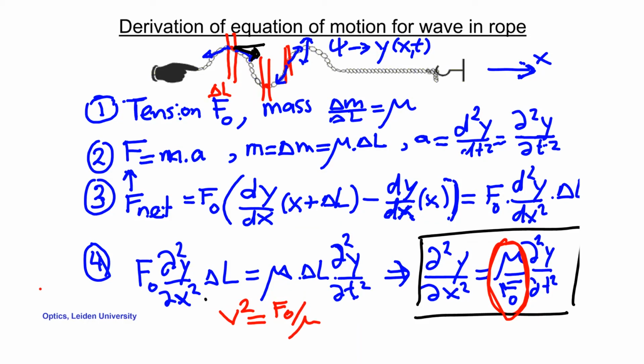So a very nice result, which indicates that the wave equation is indeed the equation to describe the dynamics of a wave on a rope, and the speed of propagation of this wave is, the speed squared is proportional to the tension in the rope and inversely proportional to the mass per unit length. Thank you for your attention.